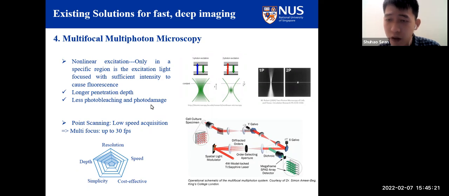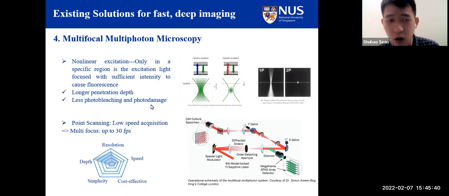But the same issue happens as with the spinning disk confocal microscope: it can cause crosstalk. And similarly, its signal to background ratio is not better than the traditional multiphoton microscope.